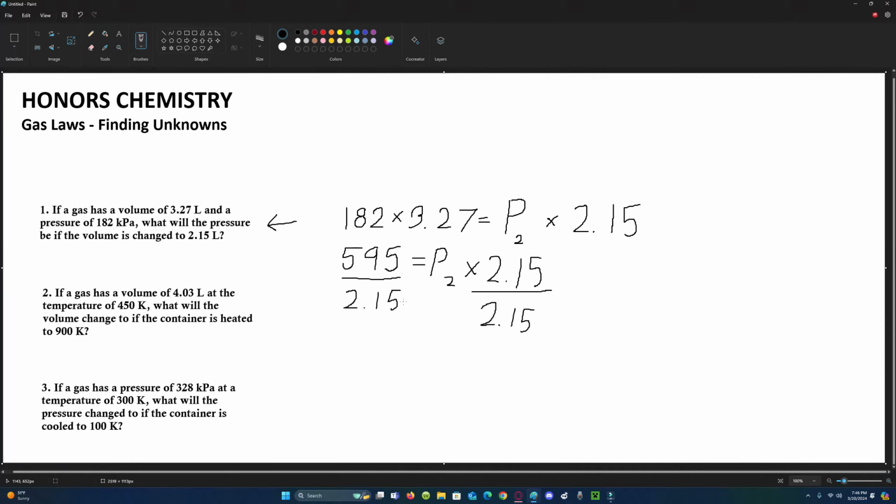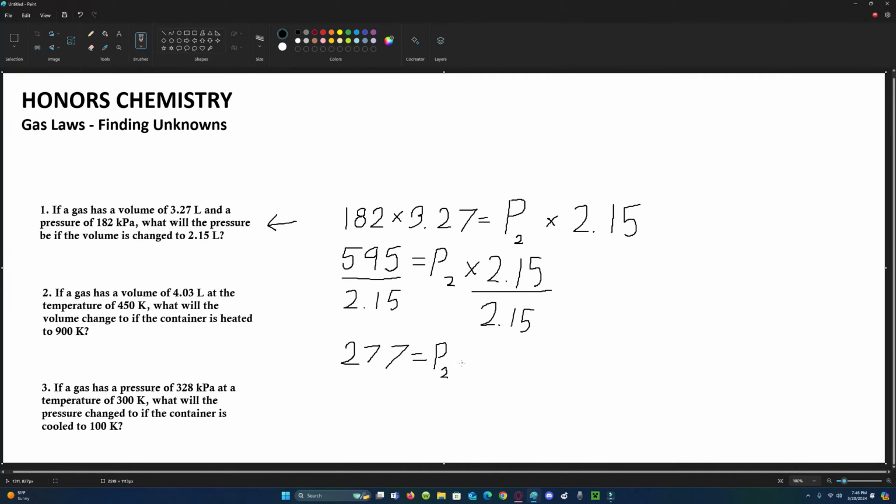When you divide both sides by 2.15, you would get an answer of 277, rounded to 3 sig figs, and that would equal P2.